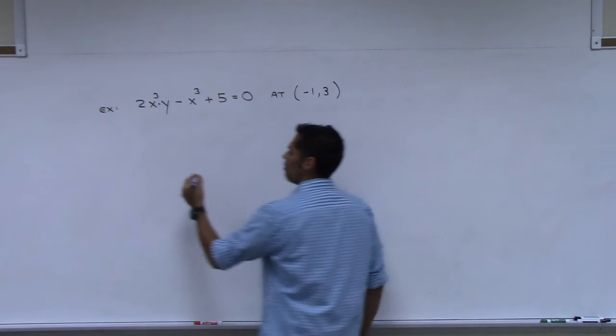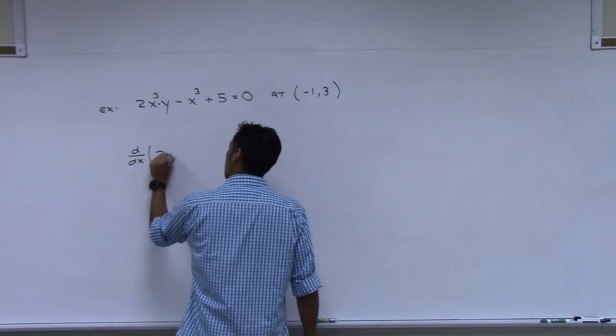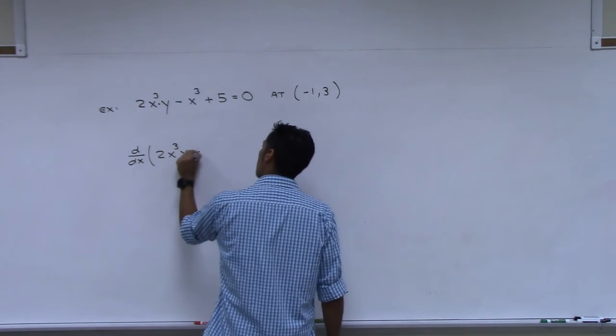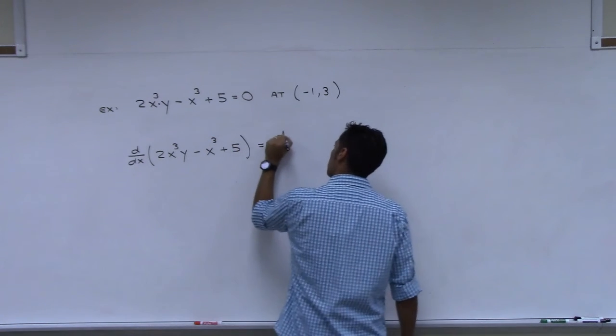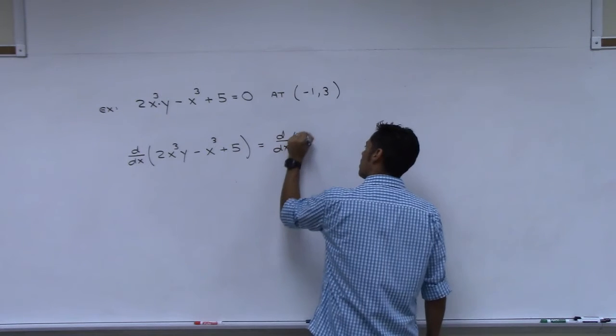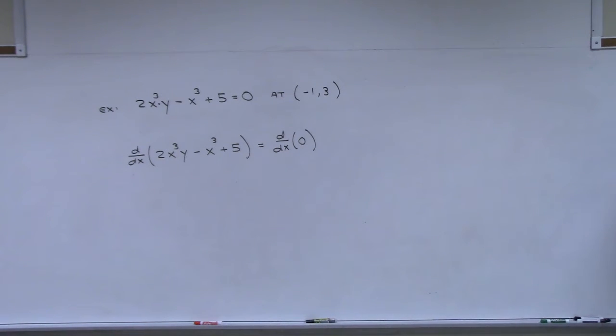But let's go ahead and start with just writing down we want the derivative with respect to x of 2x cubed y minus x cubed plus 5 equals the derivative with respect to x of 0. That's just letting everyone know we're about to take the derivative implicitly, which means we're going to do it on both sides of the equation.